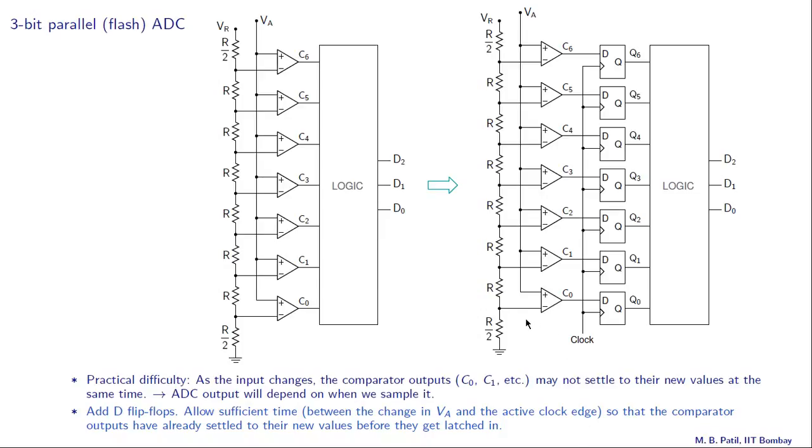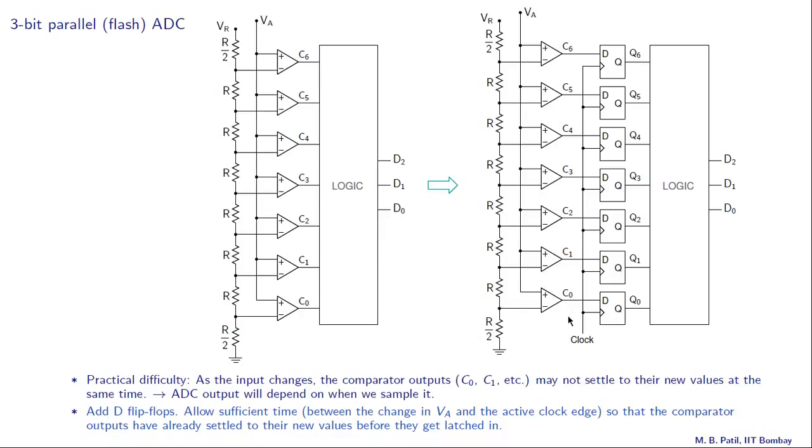Let us say this comparator takes 50 nanoseconds to settle down. That means when we change VA from VA1 to VA2, from that time it takes 50 nanoseconds or less for all of these outputs to settle down.